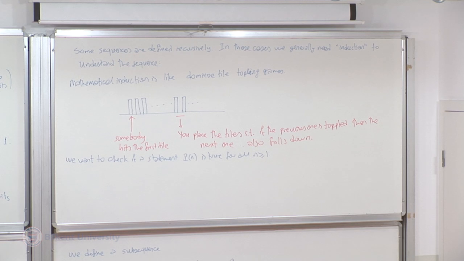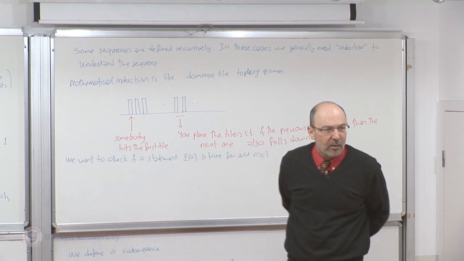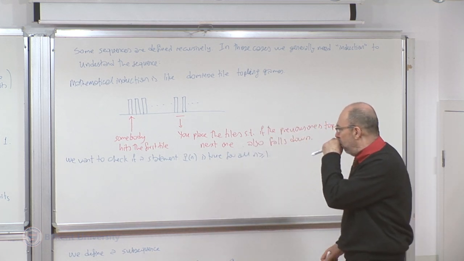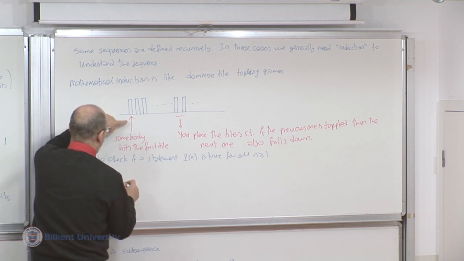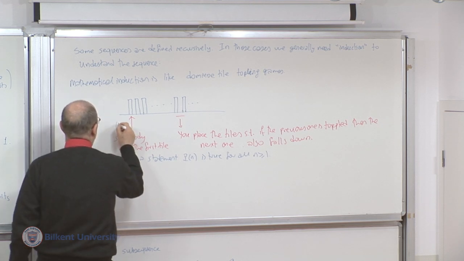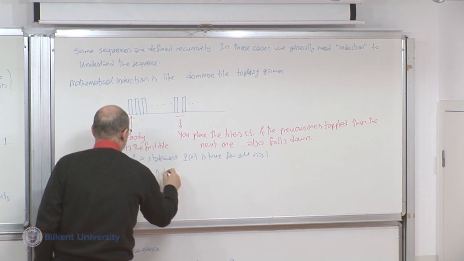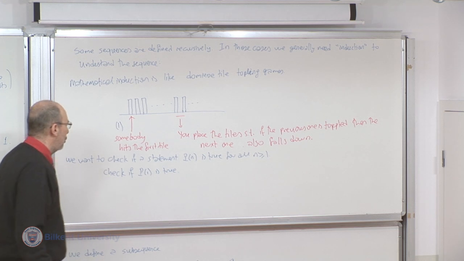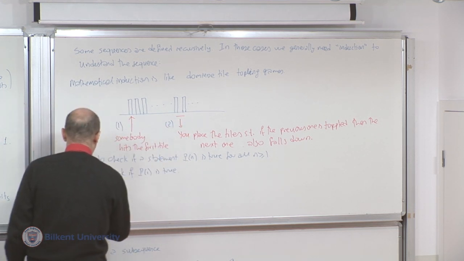In our case, this is going to be, for example, each term of the sequence is positive. So you check if the first term is positive. This corresponds to checking if P_1 is true. If it is true, then you pass to the second one.